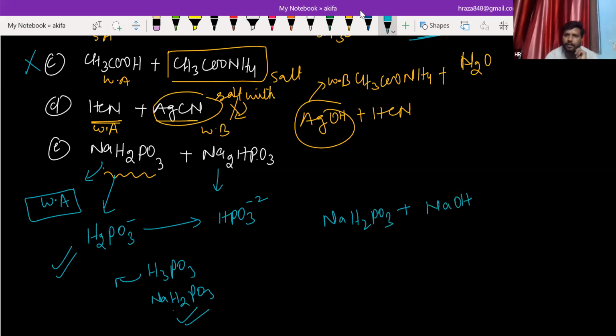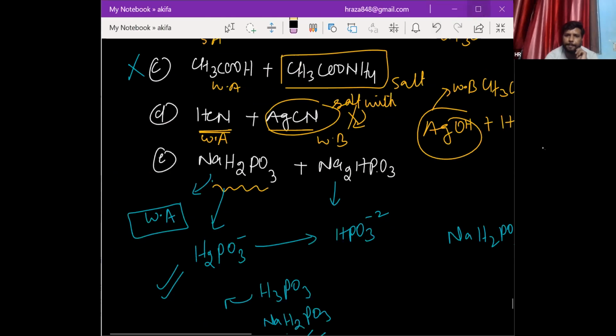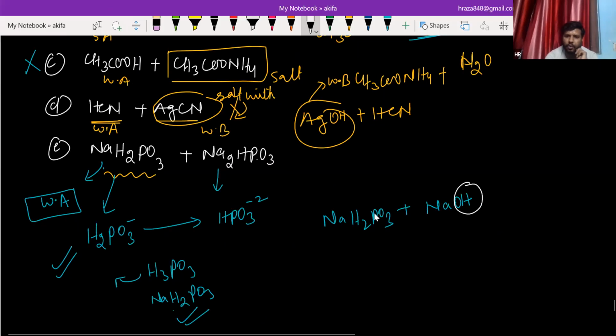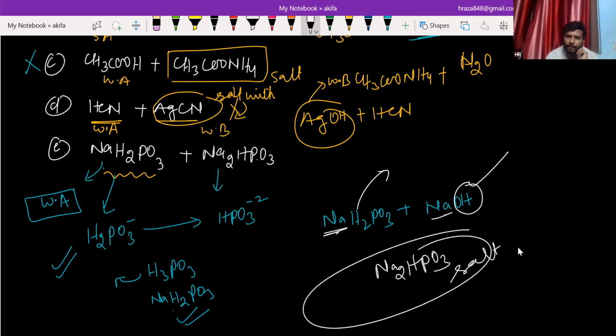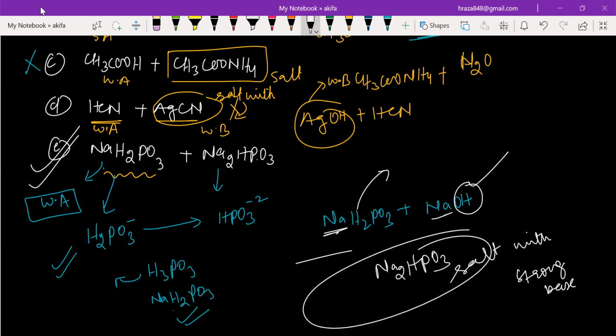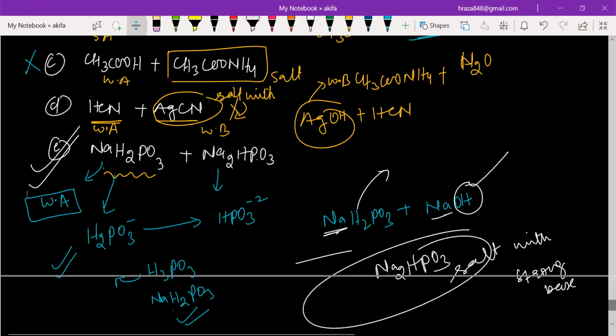That means one hydrogen will leave as H2O, and Na and Na will be Na2HPO3. This will be a salt with a strong base. So it forms an acidic buffer. Okay, can I change the slide? Okay, changing the slide.